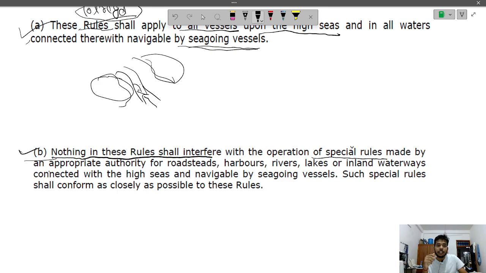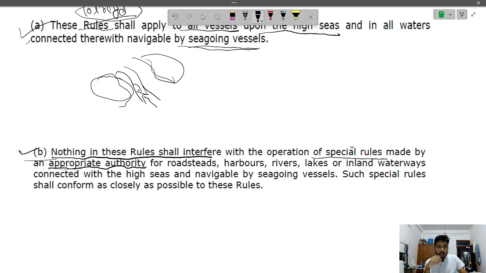The appropriate authority means the government of the country. Where the water comes inside the country, that country's government will make its special rules for roadsteads, harbors and lakes. These special rules are used to control or manage the traffic.